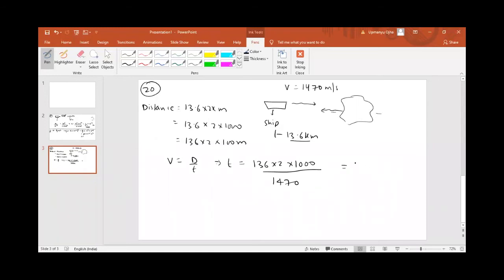Yes, I think the answer would be 18.5. Is this correct? Yes, the answer is C, that is 18.5 seconds. This is the answer. That is question number 20. Okay. Next problem. Did you understand this or not?